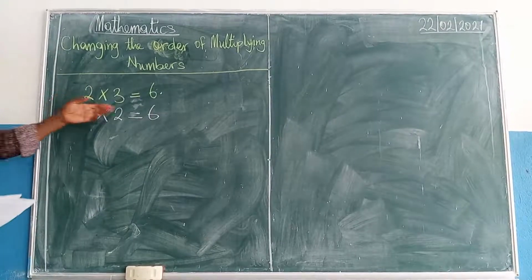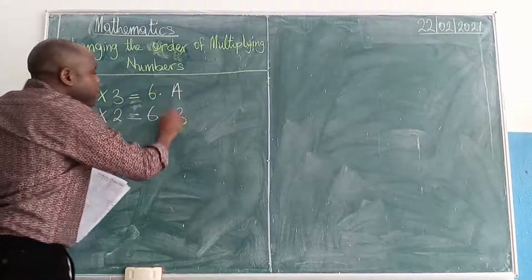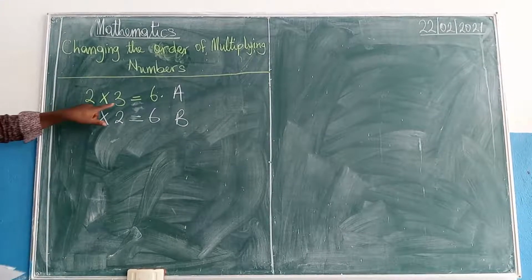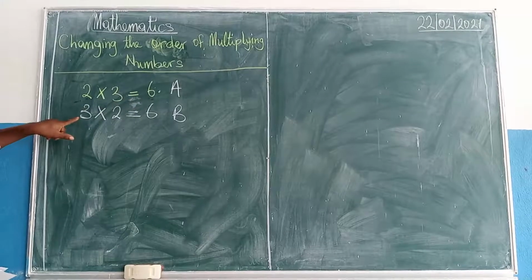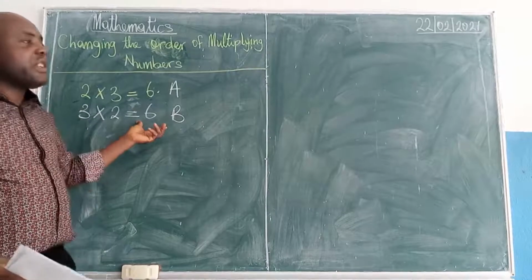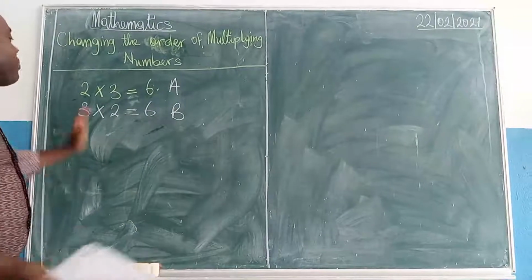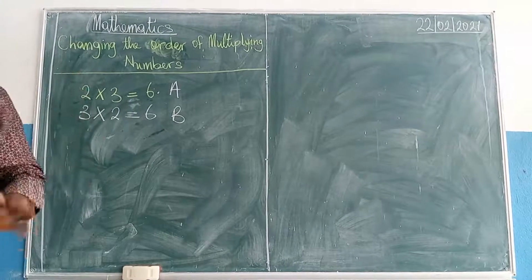If we look at these two multiplications, that is A and B, we discover that whatever the position we change the numbers, in as much as the numbers are the same, we still have the same answer.